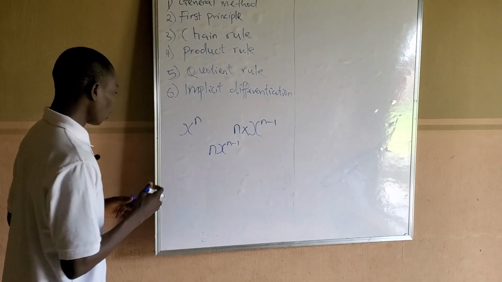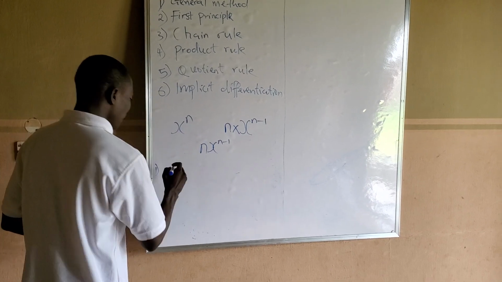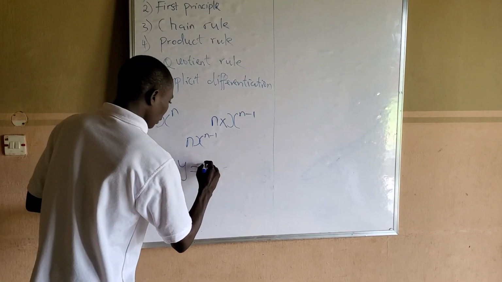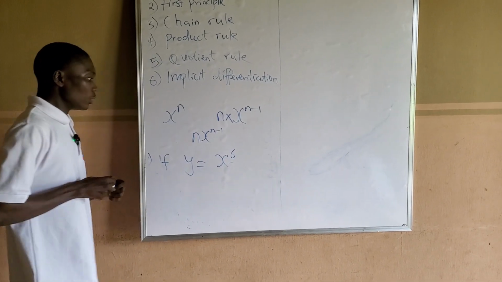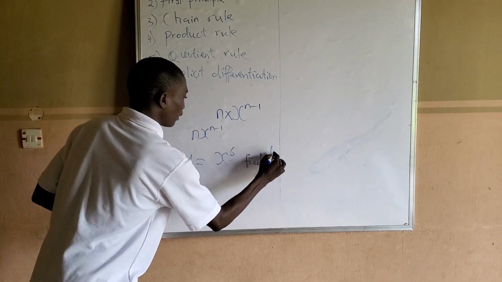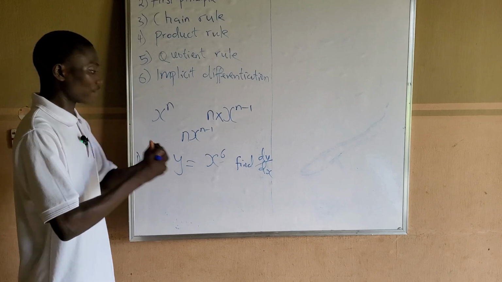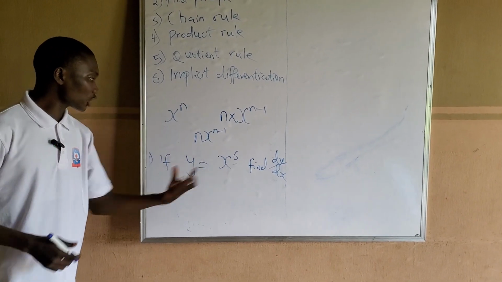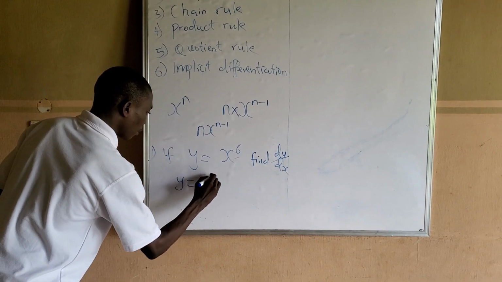Let me give us 1 or 2 examples. For example, example 1. Let's say if y equals x raised to the power of 6, find dy/dx. At times they may say differentiate. What they mean there is still dy/dx. So if you are differentiating this, as I've said, y equals x raised to the power of 6.